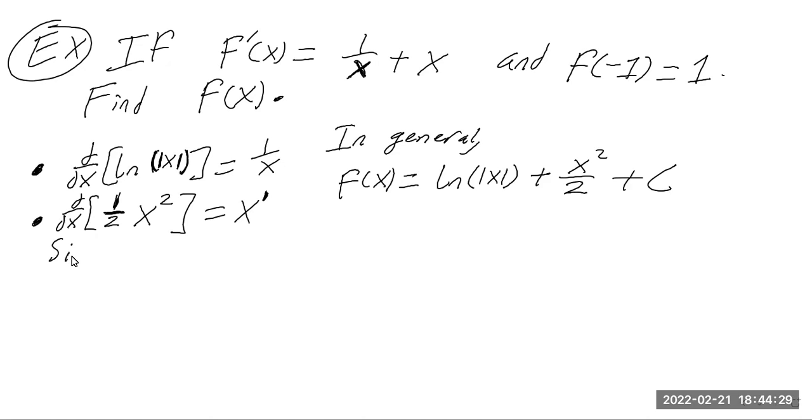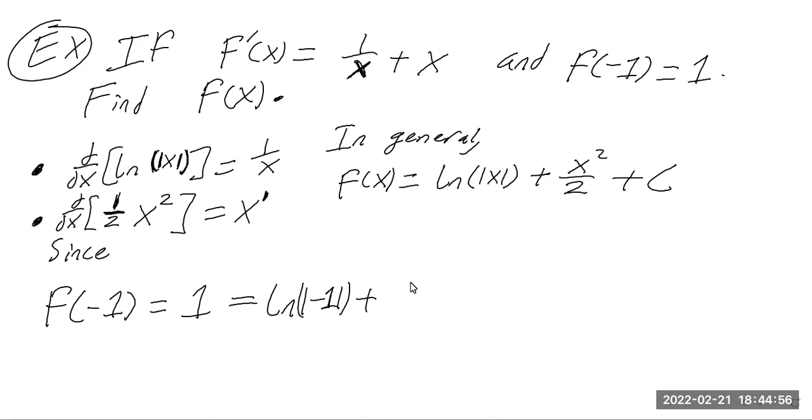But since we know f at -1 is equal to 1, we can find the C. f at -1 is the same as putting in -1 anywhere I had x. So I have the natural logarithm of the absolute value of -1 plus -1 squared over 2.